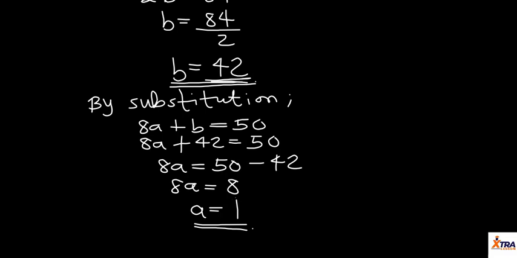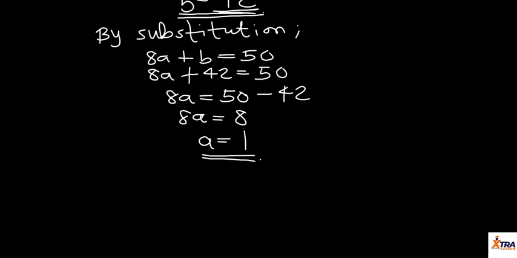I can as well now remember that therefore the polynomial f of x is now, that means a is equal to 1 and b is 42.